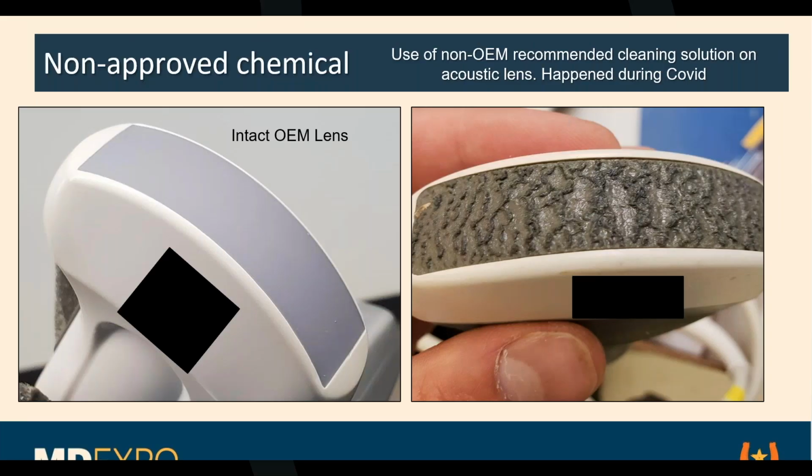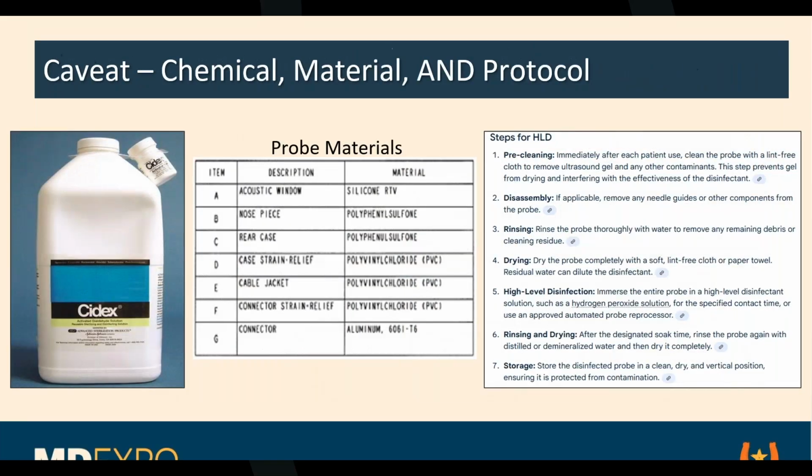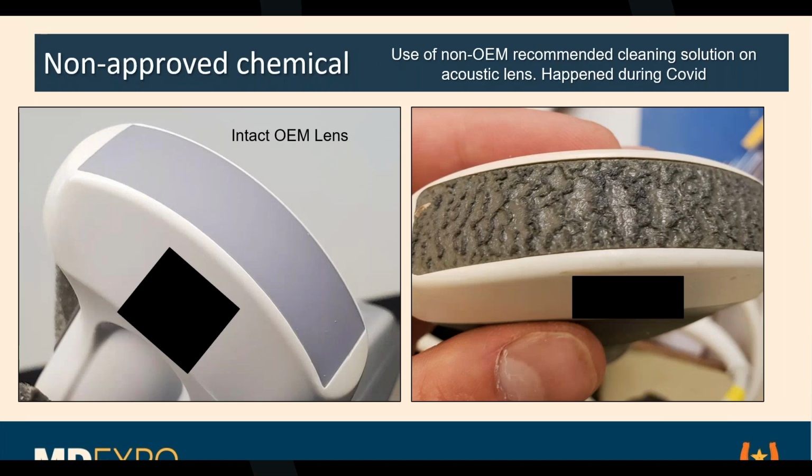This is what the probe's lens normally looks like. That's what it looked like in the morning. And it could not be repaired. It was totally destroyed. It got in and ate up the acoustic stack, and it had tons of dead elements in it. I know that photograph is valid because that's my thumb. If you want to compare it, it's fine.